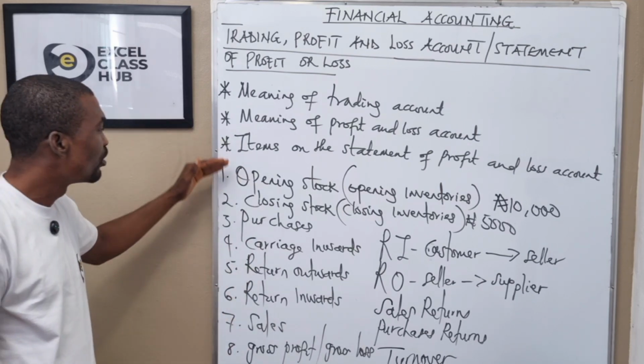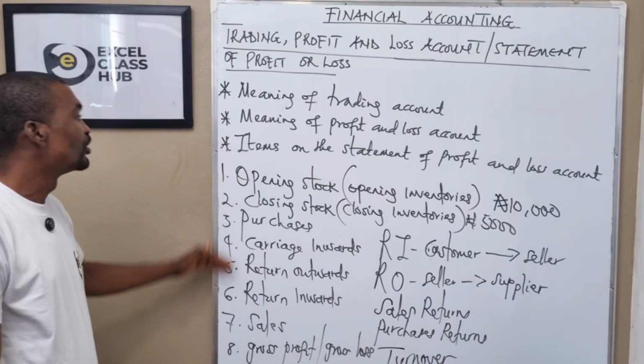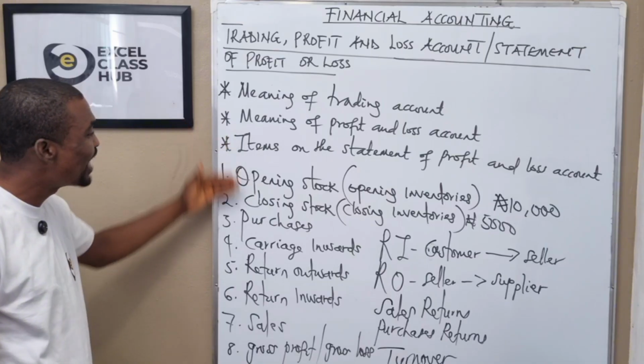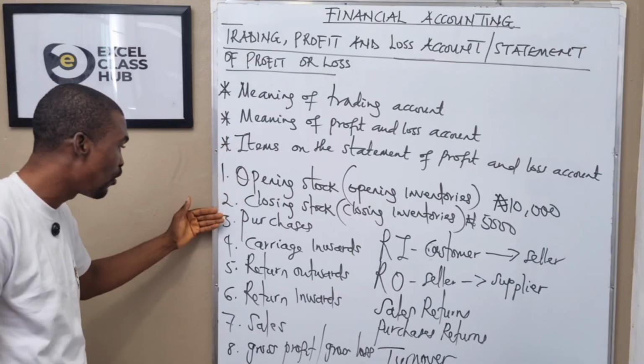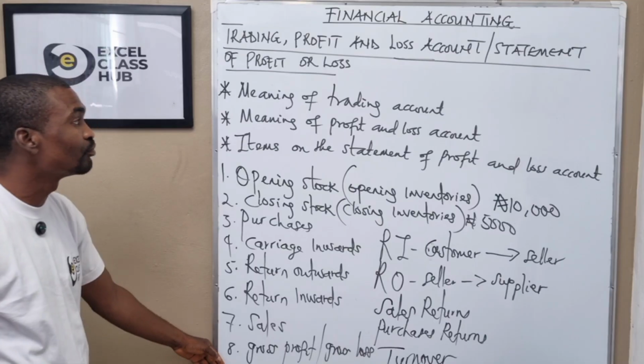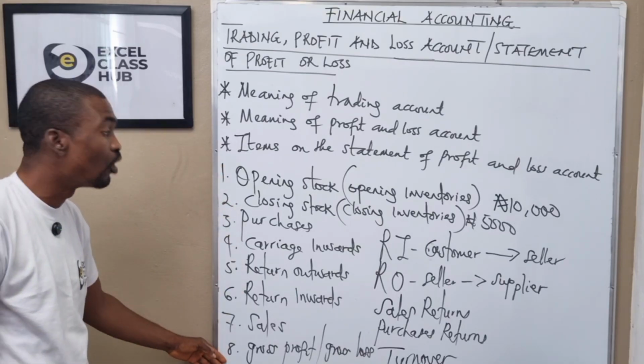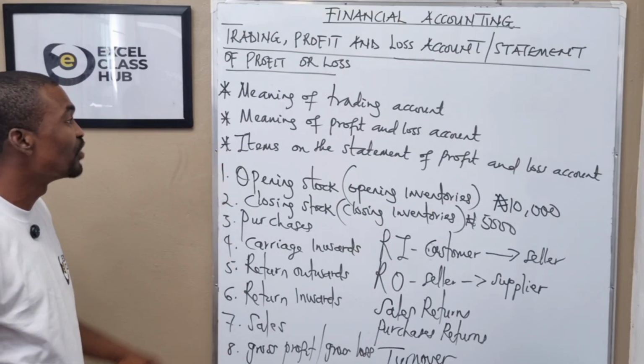So in your questions, you can be asked to find the missing figures, either opening stock, closing stock, or between number 3 to number 8. So it's very important that you understand these terms very well.